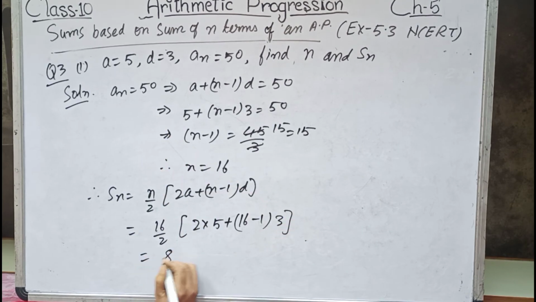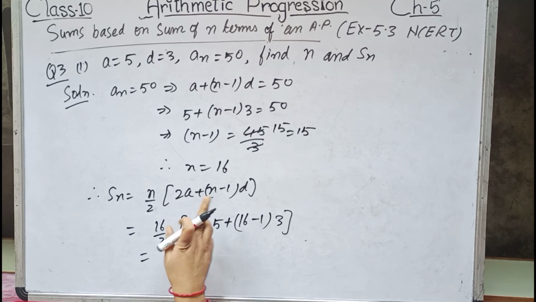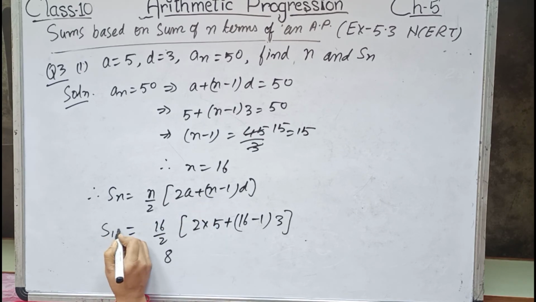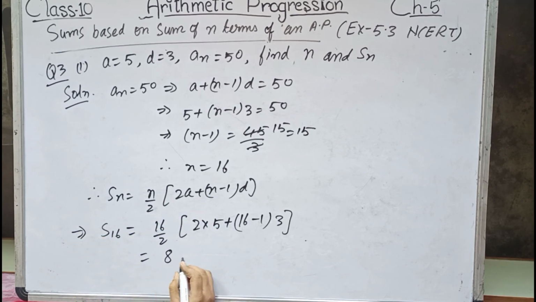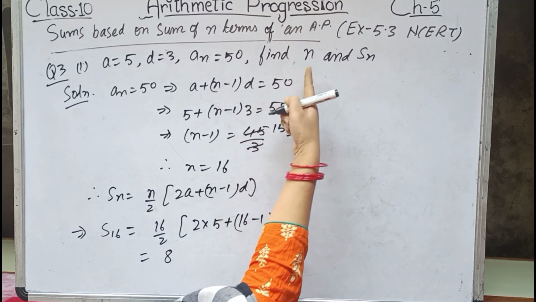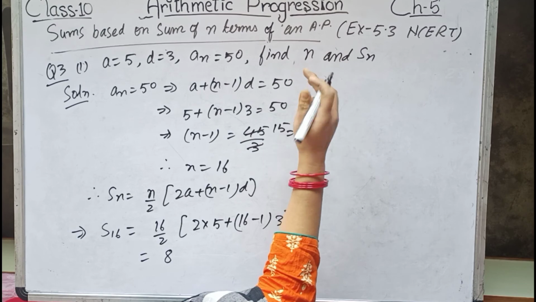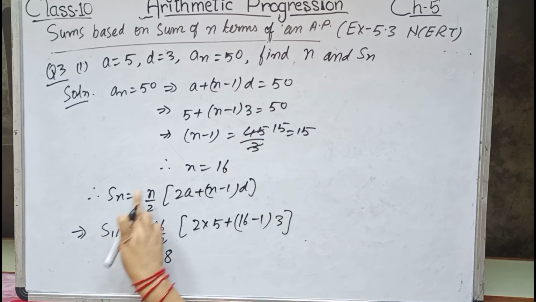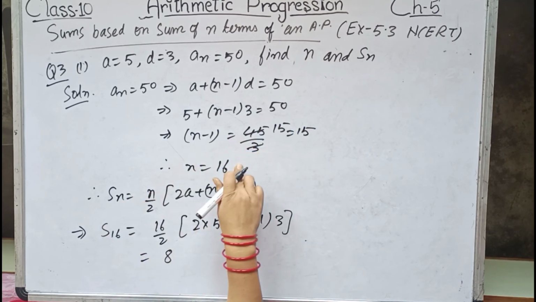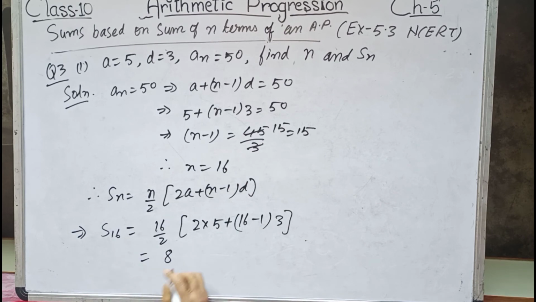Over here actually we are finding S16. It is actually asking S16, but since we have to find N and Sn, we write Sn equals n by 2, but since we have calculated n as 16, I am writing S16 over here.